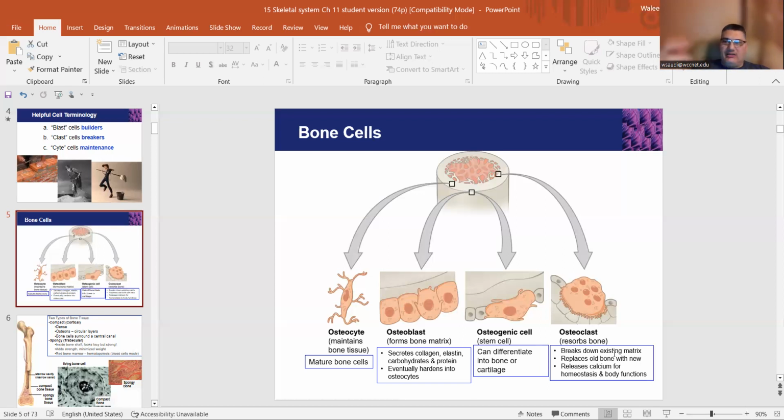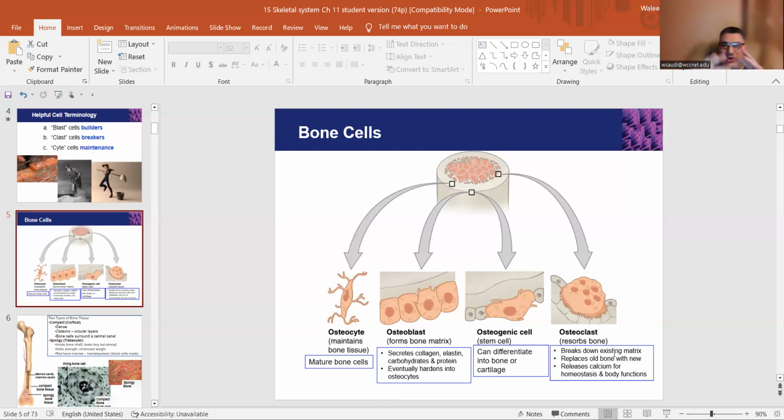Why do you want to break down the bone? It's not really breaking down. You just dissolve part of the bone for whatever reason. Either you are remodeling, like you're changing the shape, the size, like growing children, or you want to dissolve part of the bone to get the calcium out of it.